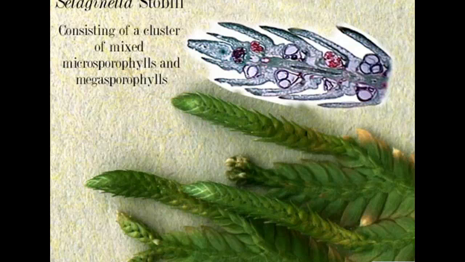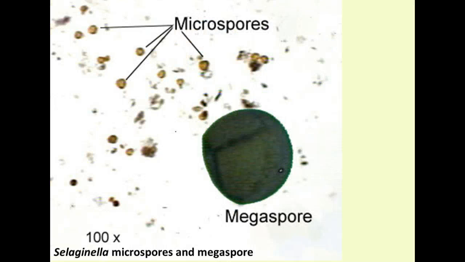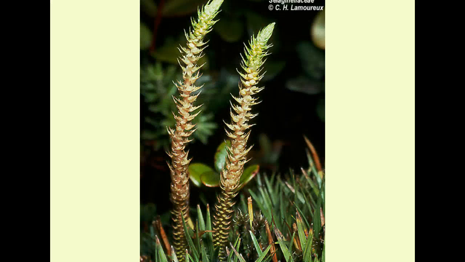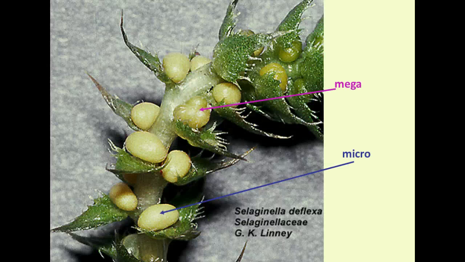So here's an example of Selaginella. So this is what they look like on the outside, and that's what they look like on the inside. Here's some microspores and a megaspore. So hopefully you'd be able to determine which is which. So here's another Selaginella producing a larger strobilus. Okay.